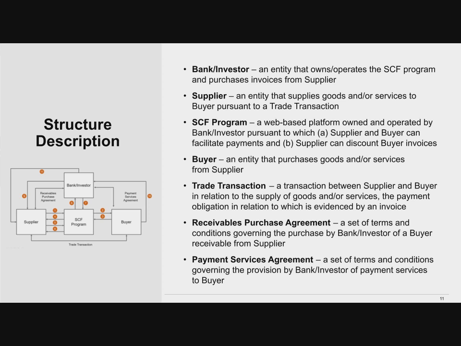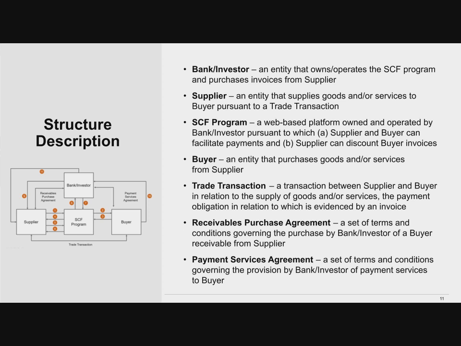Supplier speaks for itself. That's the entity that supplies goods and services to the buyer pursuant to an underlying trade transaction. And the program is the fintech web-based platform that I described before, which enables the collaboration between supplier, buyer, and bank investor.